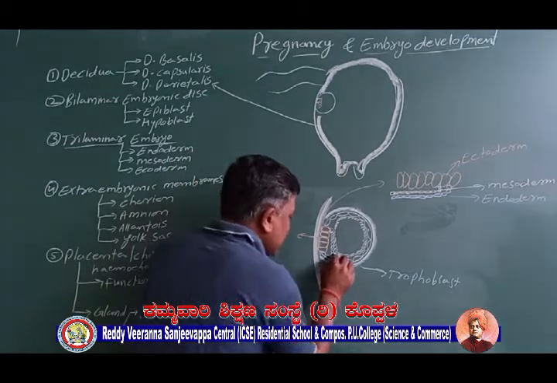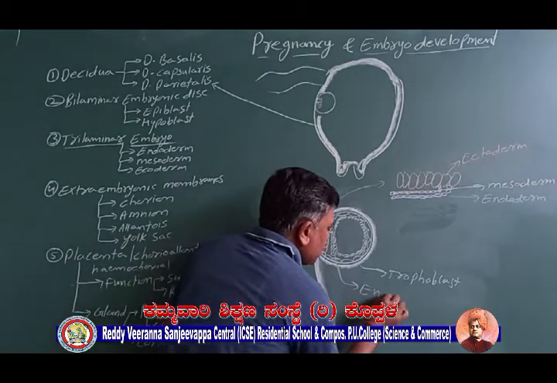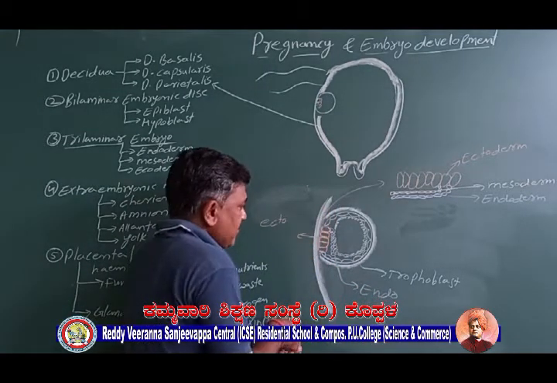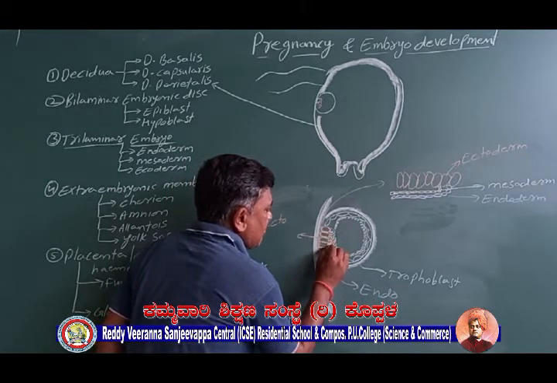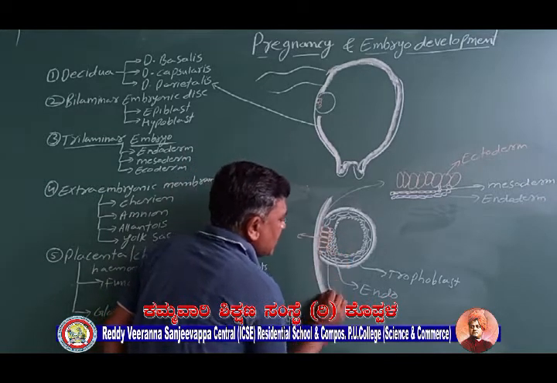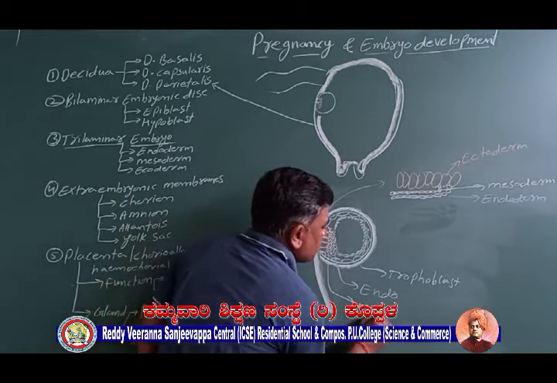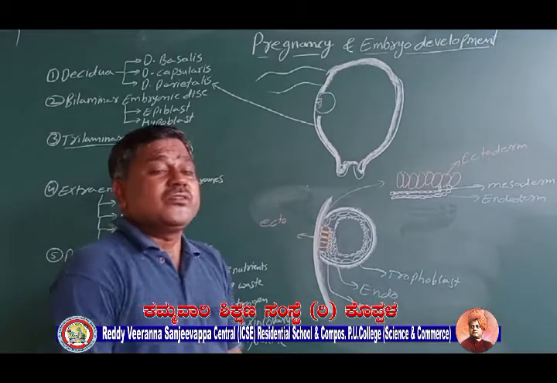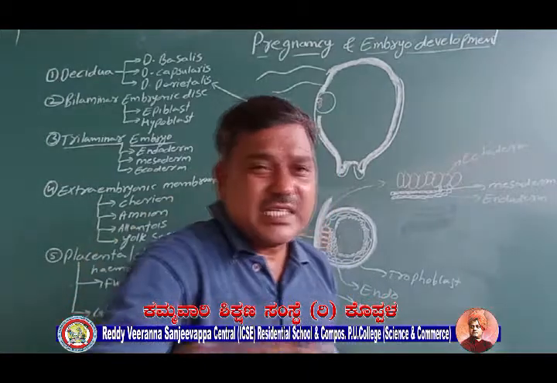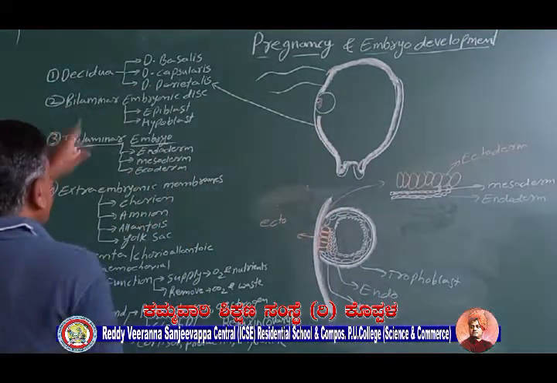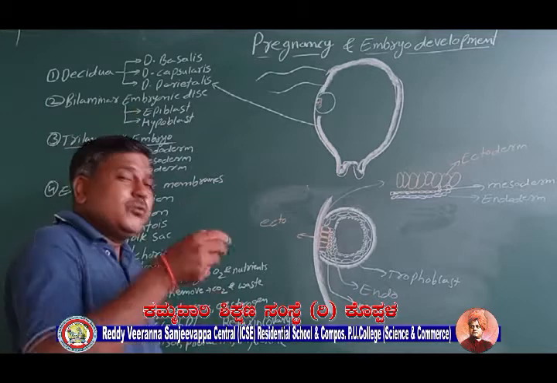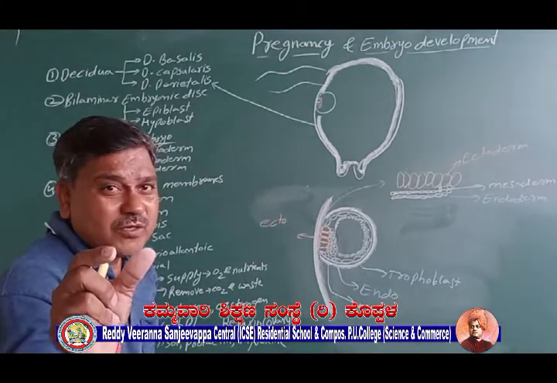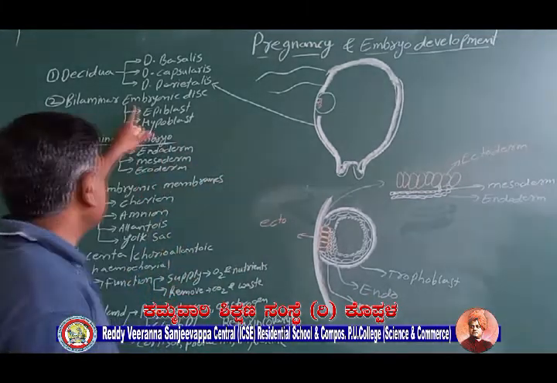Now this is acting as endoderm. And in between the ectoderm and endoderm, there is a formation of the third layer, which we call mesoderm. So a 3 germ layer disc is formed. Initially the bilaminar embryonic disc is formed, that means only a 2 layered disc is formed. Disc shape. Okay.